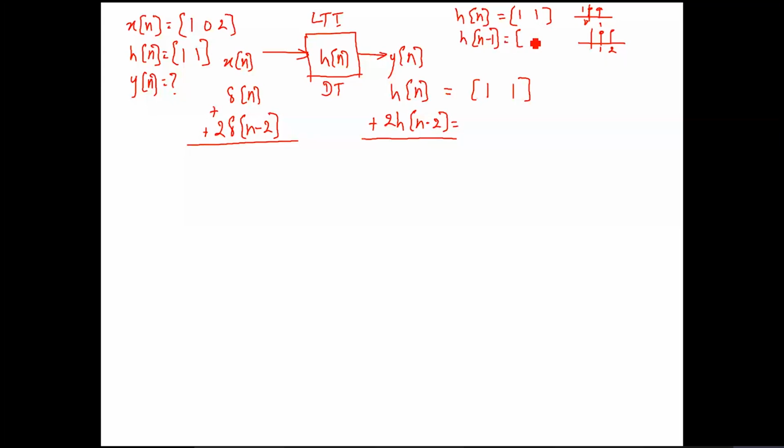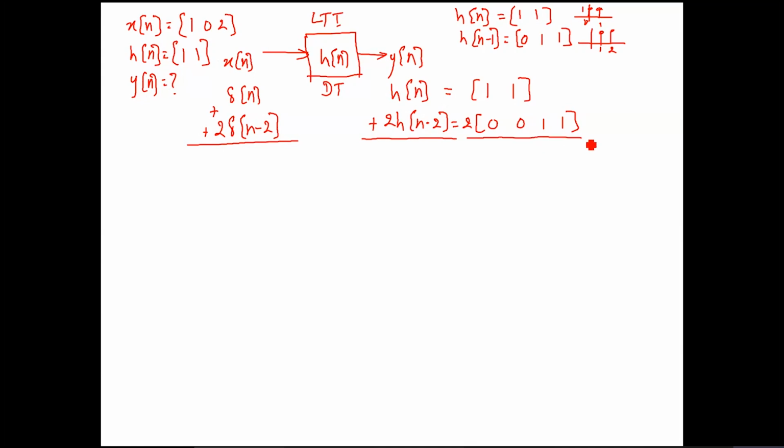This should be h of n minus 1. How should we write it? It should be just 0, 1 and 1. Similarly, if it is h of n minus 2, it should be shifted further right, and you should have first 0 and then 0 and then 1 and then 1, scaled by 2.